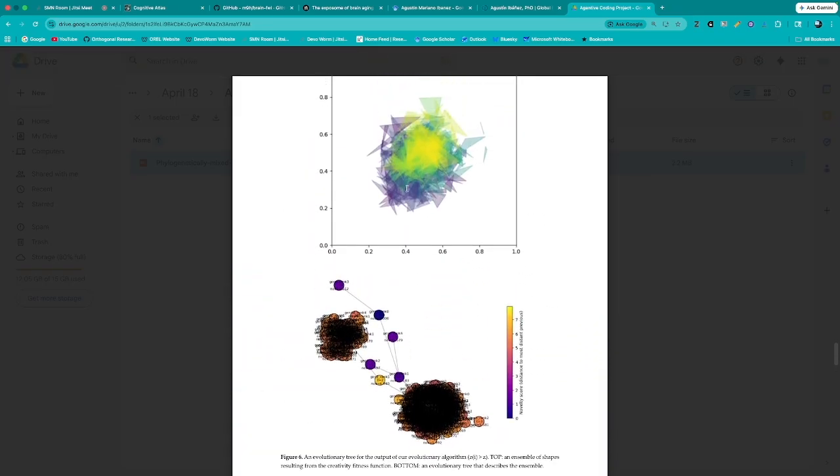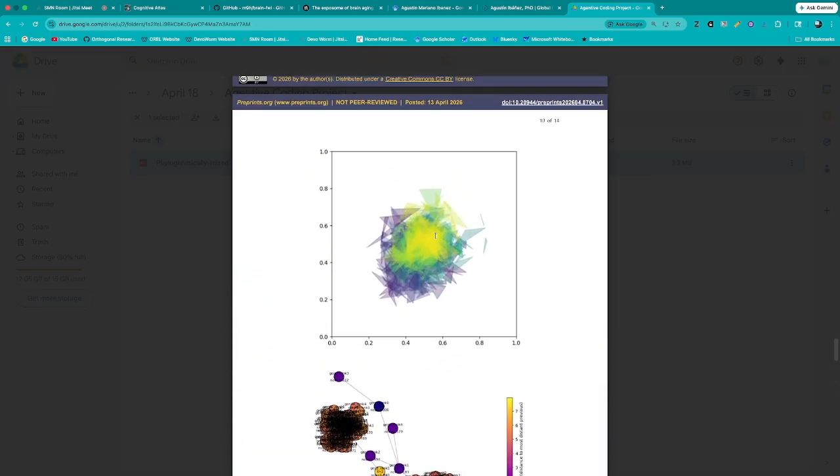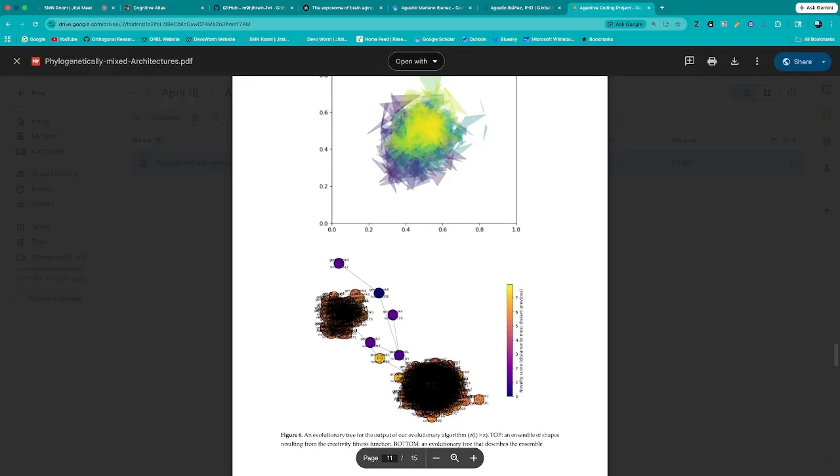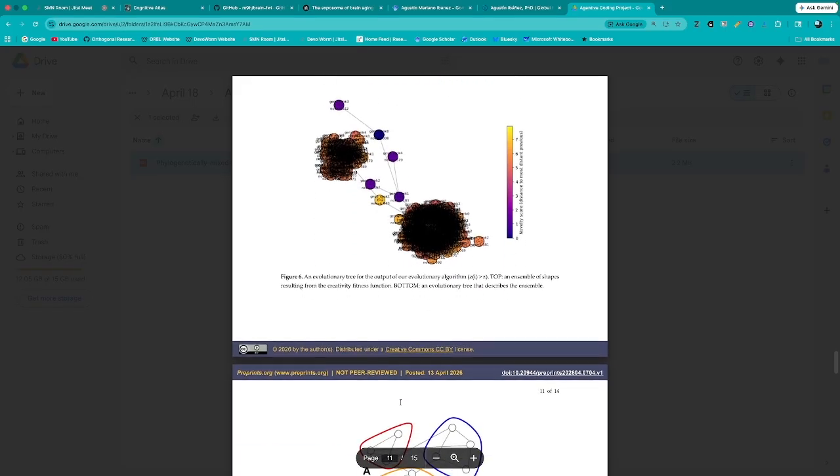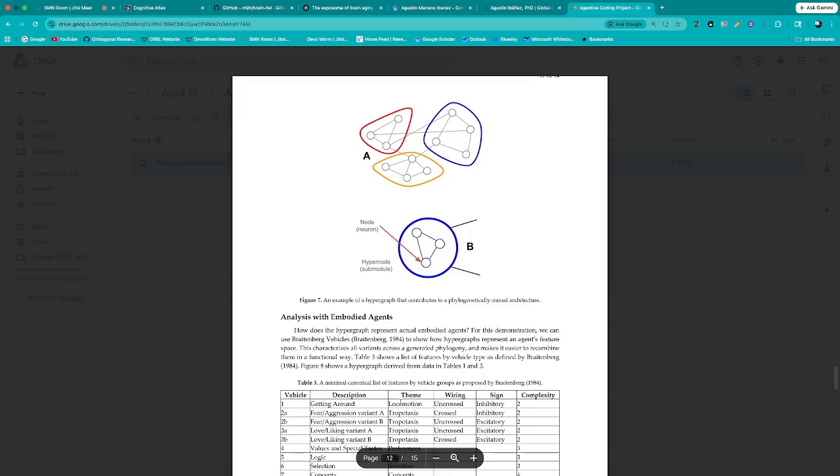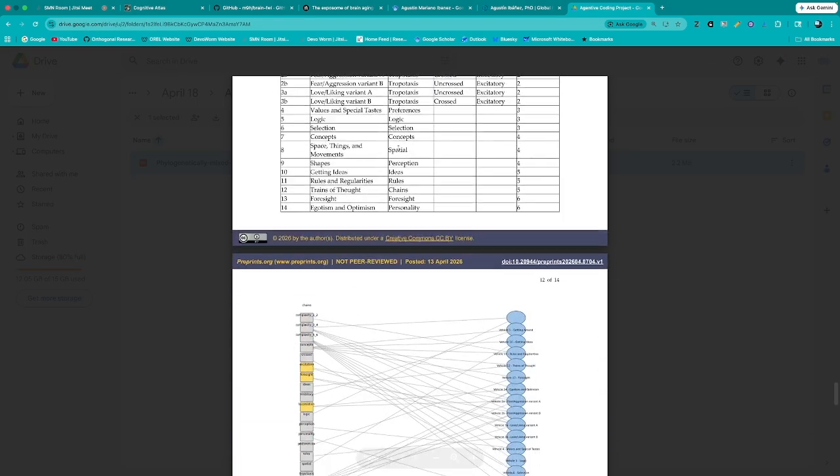And then this output, the product of a GAN and a GA combined, produced this evolutionary tree. So it was able to produce evolutionary trees from the selected data, based on their relationship, either novelty or similarity. Then this is mapped to hypergraphs, where you take these different nodes and put them into collections of graphs within graphs, and you can apply that ensemble as a complex architecture.